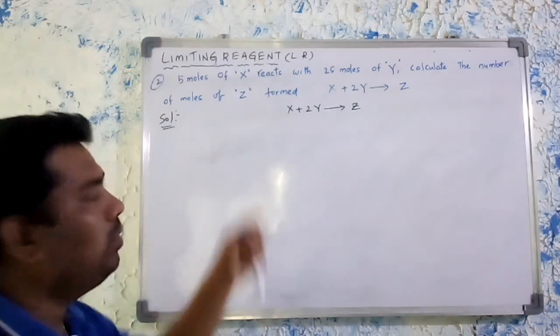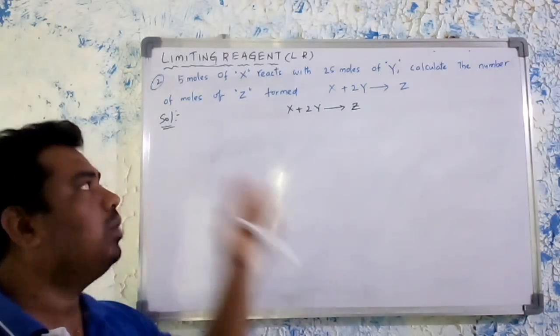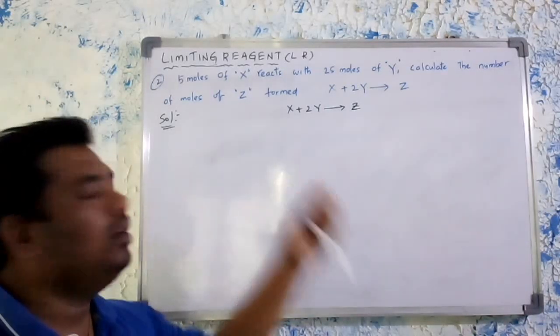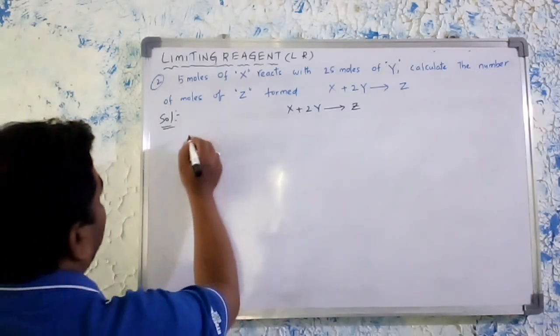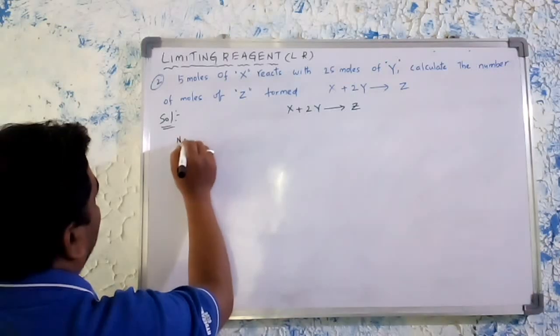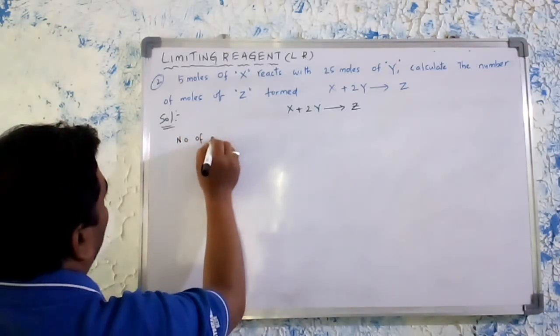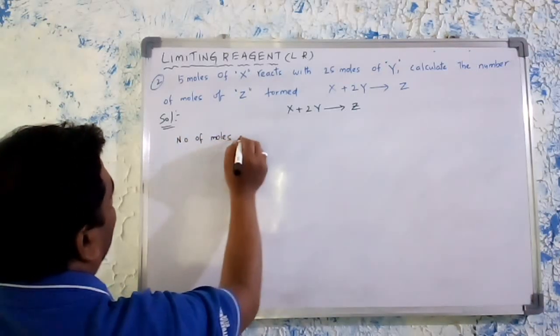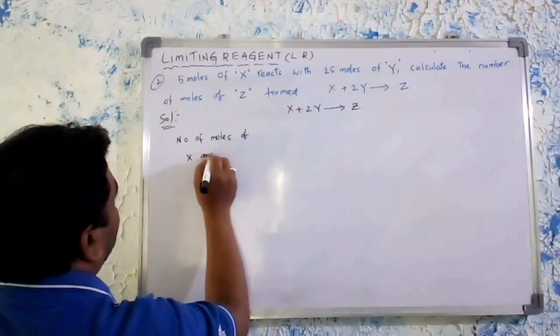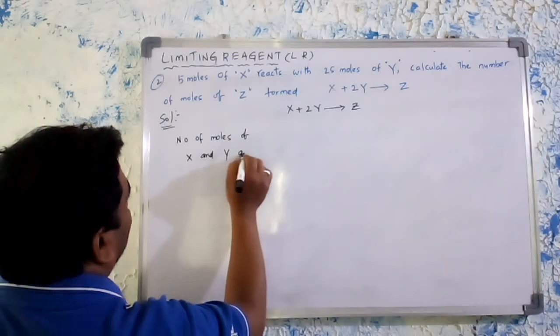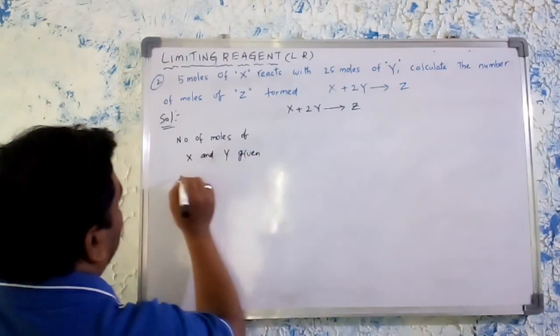Here we will find out what is the limiting reagent and what is the excess reagent, and find the number of moles of Z. First of all we will write the number of moles of X and Y given in the question.